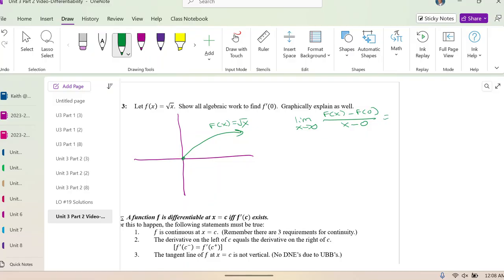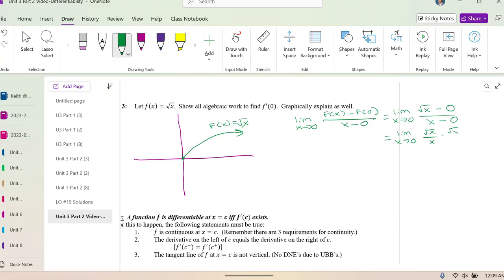So that would be the limit as x approaches 0 of the square root of x minus 0, because if you put 0 in, it gives you 0, over x minus 0. So notice, if we put 0 in, that would give us 0 over 0. So this is the limit as x approaches 0 of the square root of x over x.